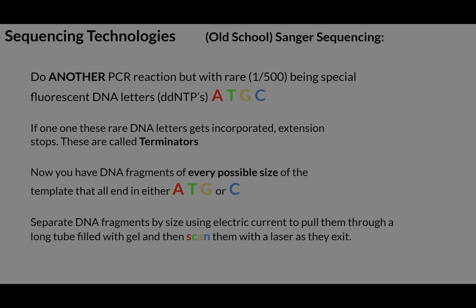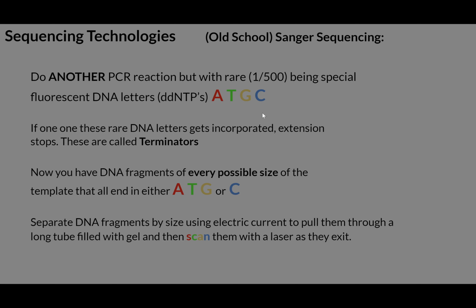But instead of adding only regular DNA letters, every so often, 1 out of every 500 of these DNA letters is a special one called a terminator, or a dideoxynucleotide triphosphate.